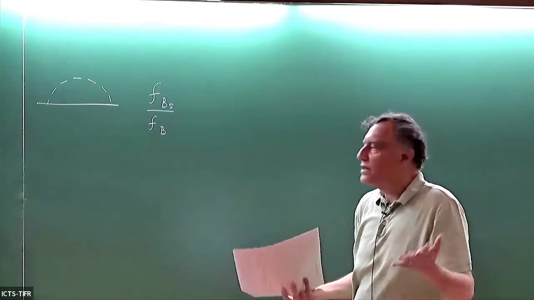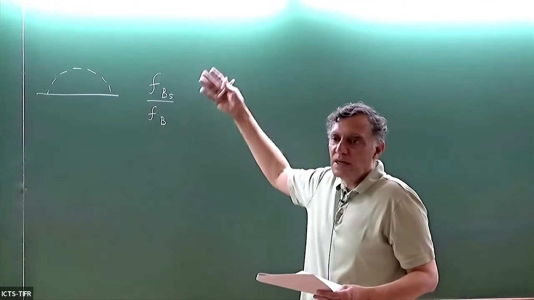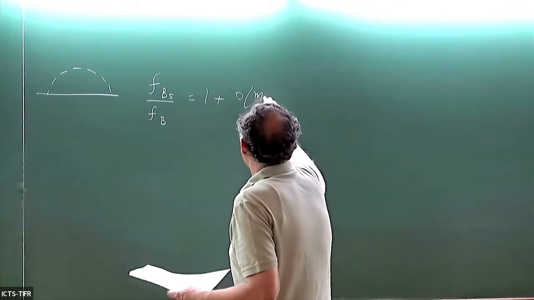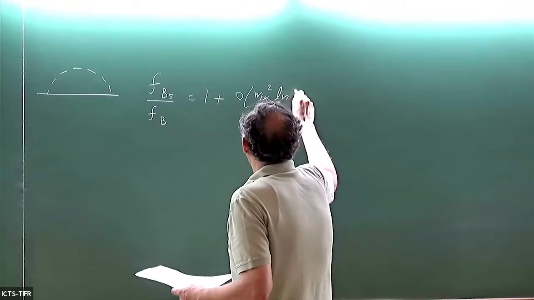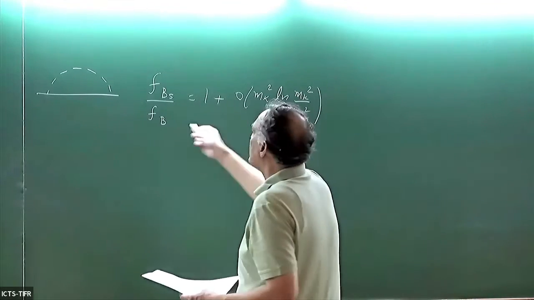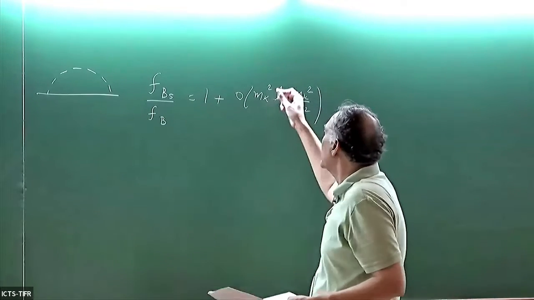So in leading order with SU(3) symmetry, they're equal, the ratio is 1. But then you get some corrections which are of order m_K squared log m_K squared over mu squared, order p squared corrections from the one loop diagram, and so on. These are so-called chiral logs.